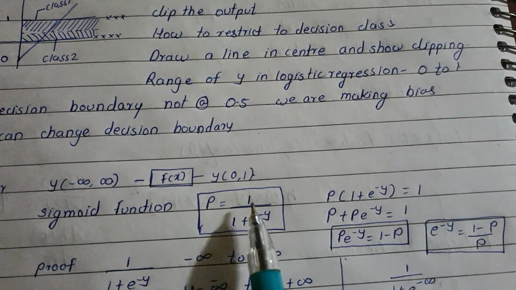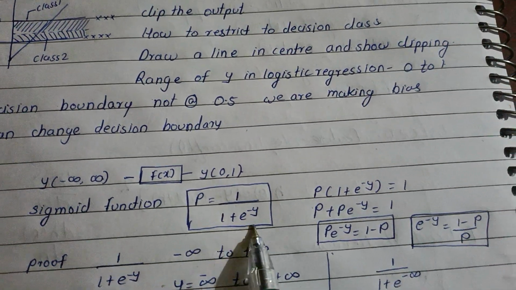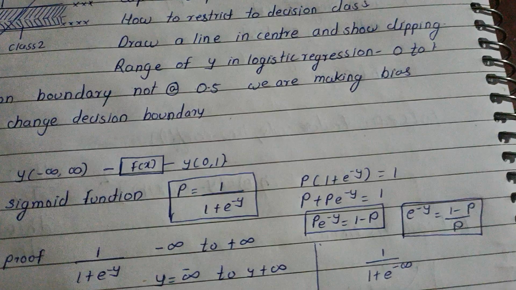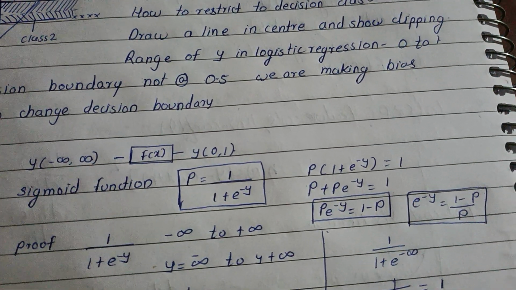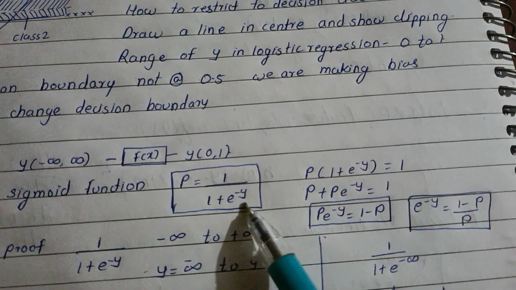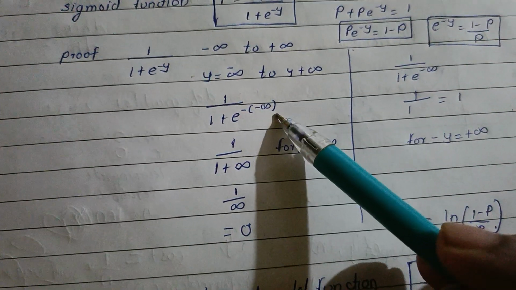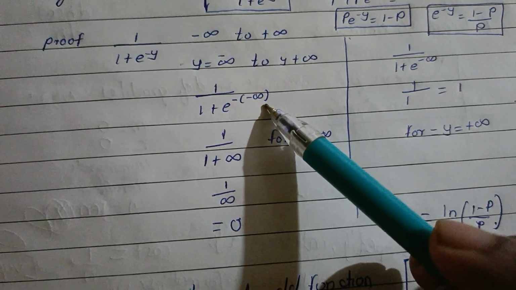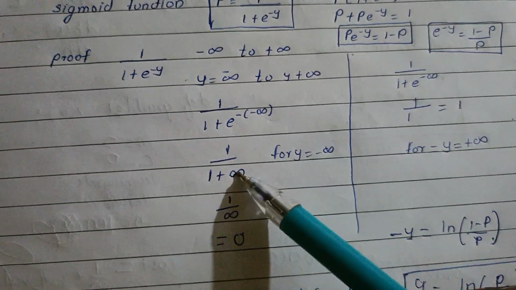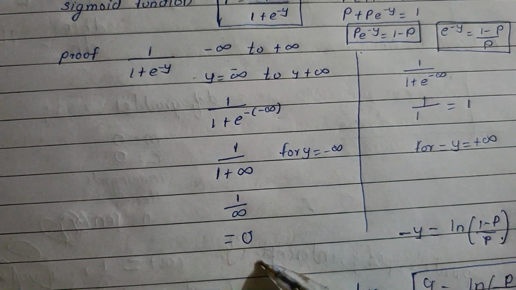Now the sigmoid function is given by 1 over 1 plus e to the power minus y. Let us understand how the ranges are getting converted to 0 and 1. If I place y equals minus infinity, we get 1 over 1 plus e to the power minus minus infinity. Minus minus becomes plus, so it is 1 over 1 plus infinity, and 1 over infinity is 0.